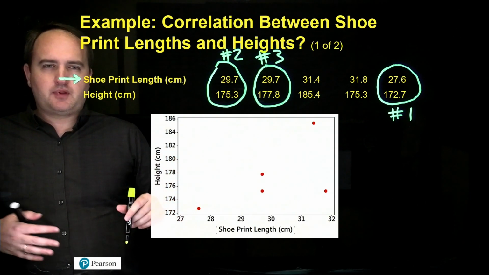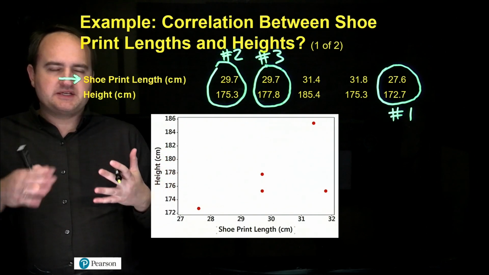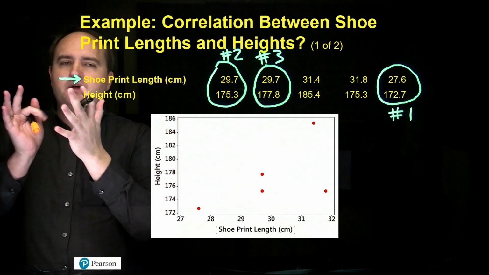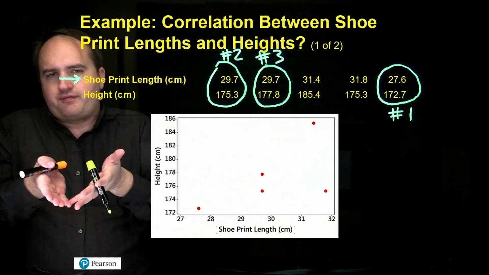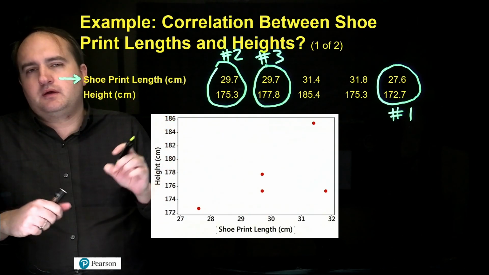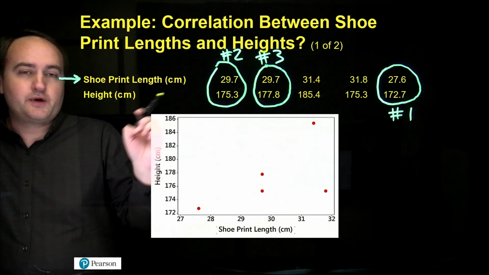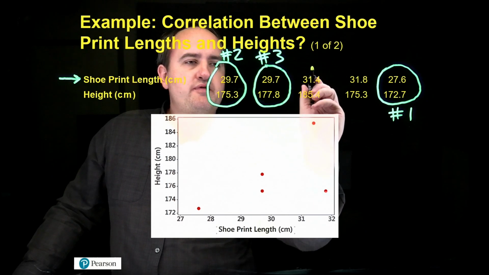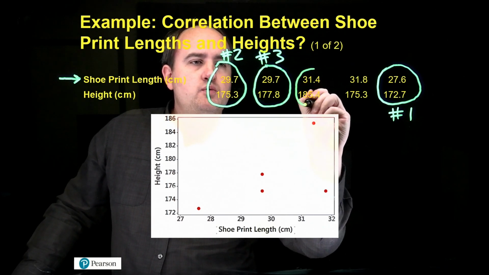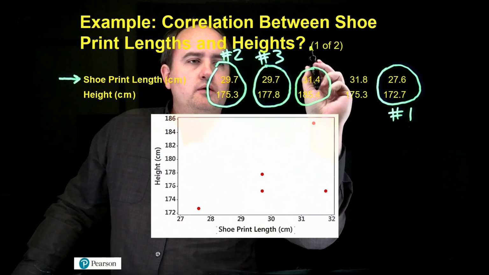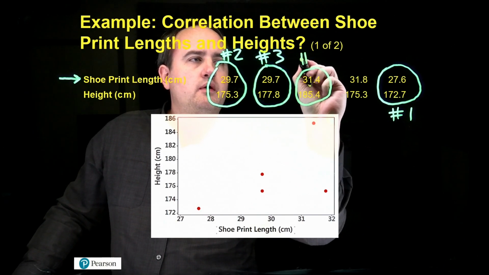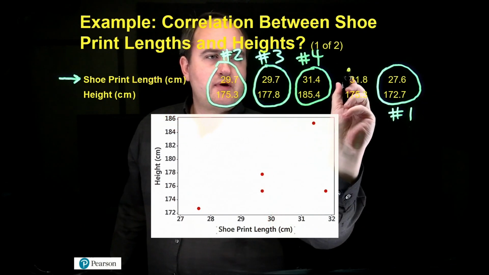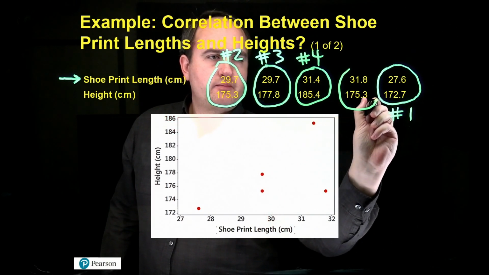You may just need to plot some of them, and then because it's multiple choice, you should be able to eliminate answer choices until you see, okay, well, this is the only graph that has the correct points on it. Okay, so after 29.7, we've got 31.4, and then 31.8. Okay, so 31.4 is number 4, and then 31.8 is number 5.